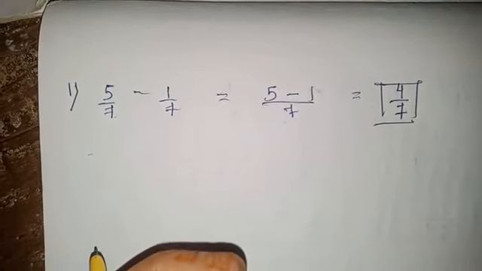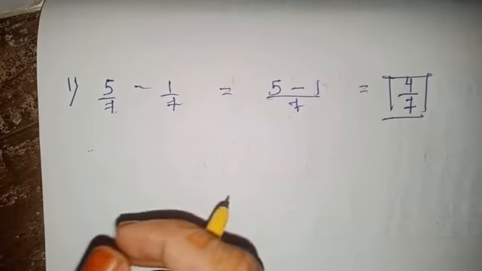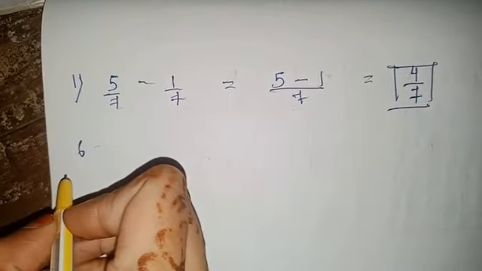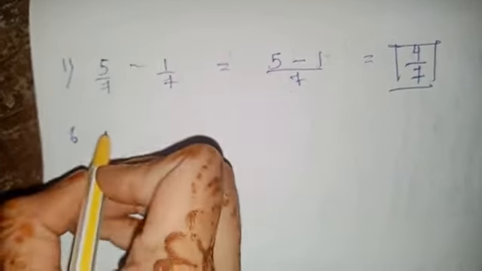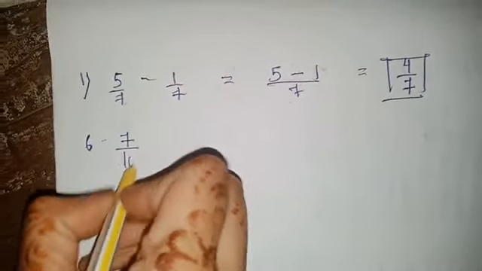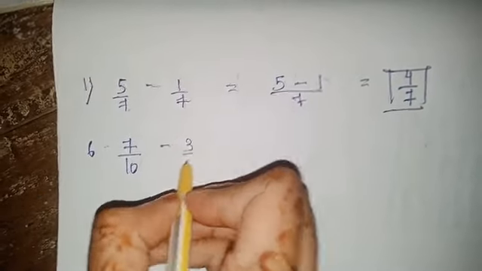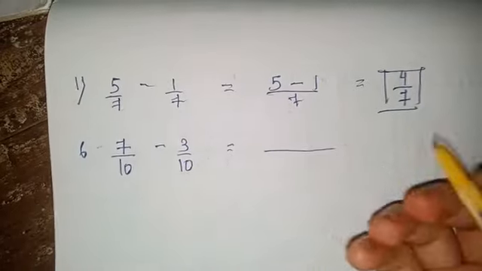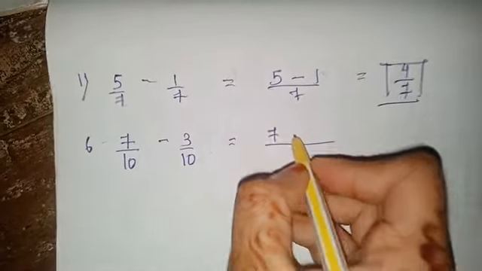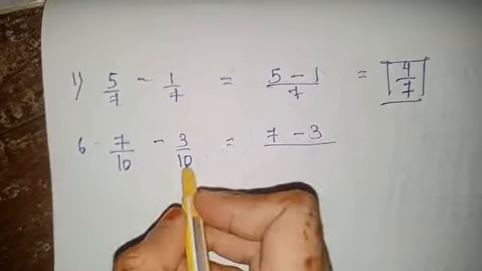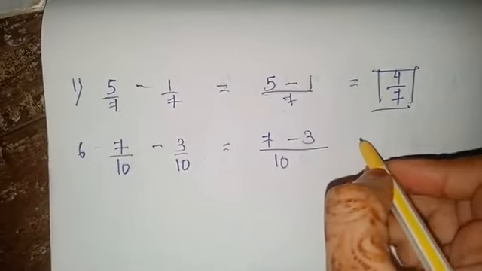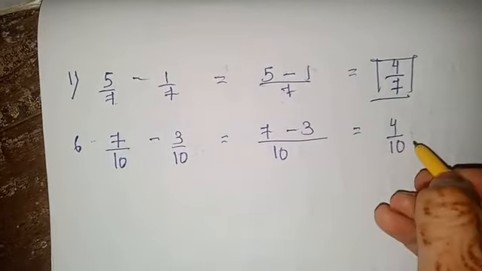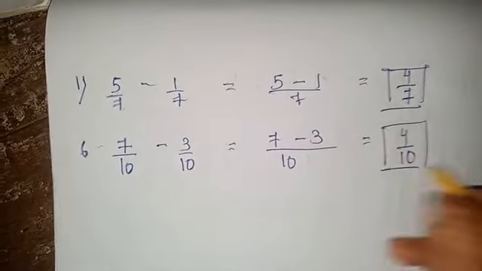Question numbers 2, 3 and 4 and also 5 are deleted, so we will do question number 6 directly. Question number 6 is 7/10 minus 3/10. Only subtract numerators, 7 minus 3, and 10 will come as it is. Now 7 minus 3 is 4 and 10 will come as it is, so we get 4/10.